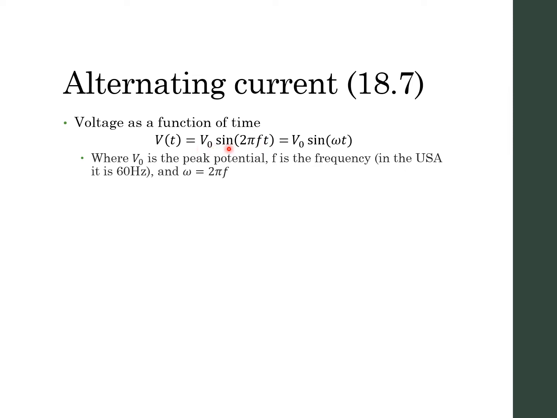So this is our equation for the potential as a function of time, where here we're referring to the potential as the voltage. If we don't have 2 pi f, we could have omega, which would be the angular frequency value.